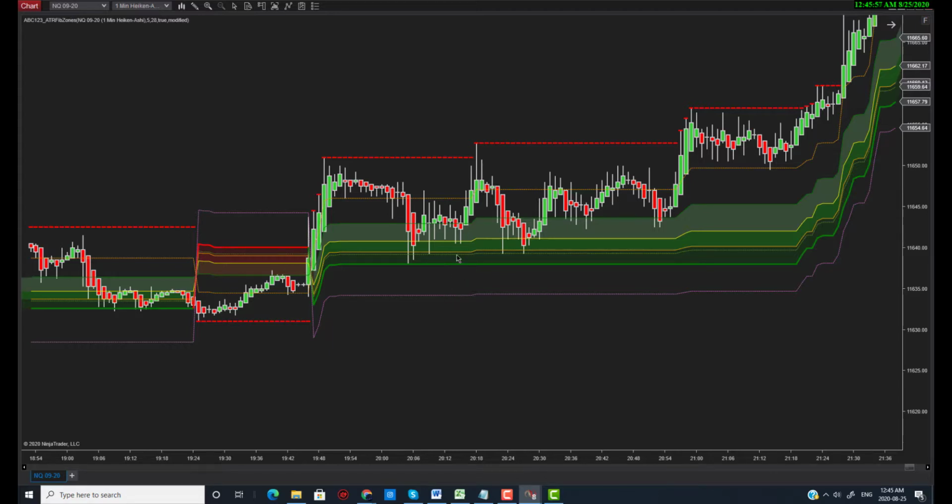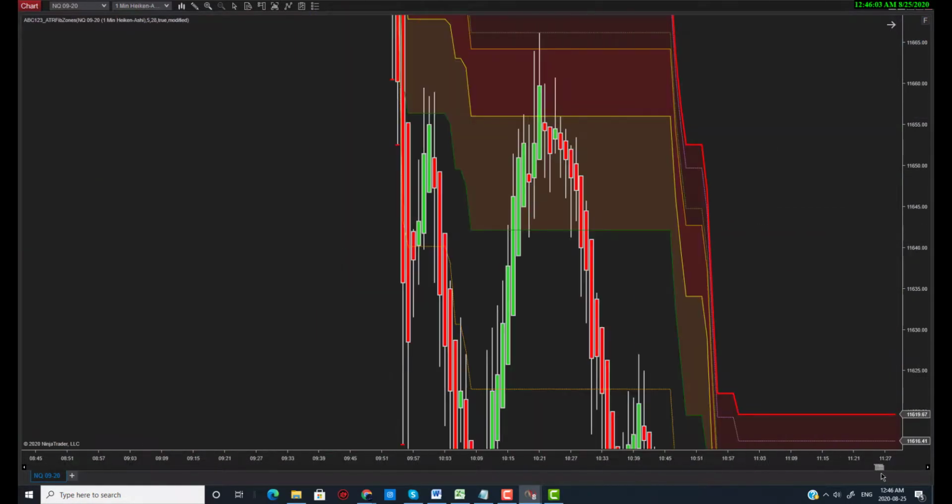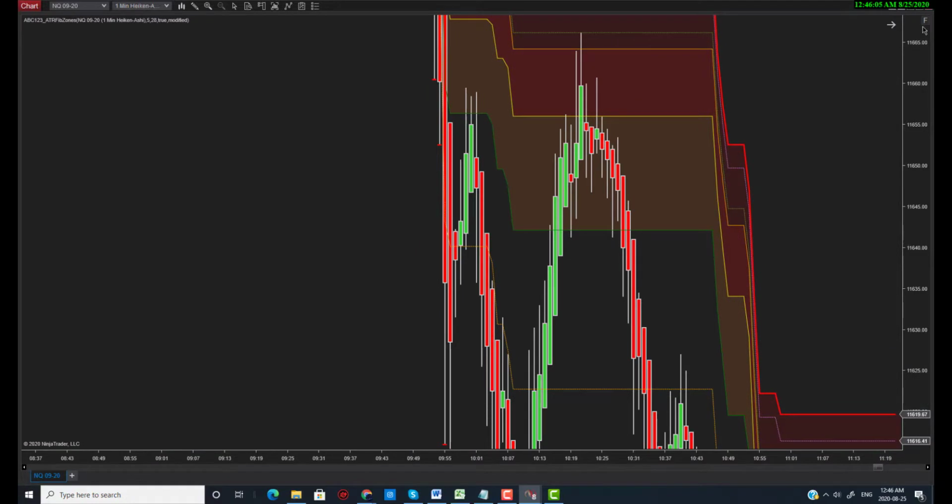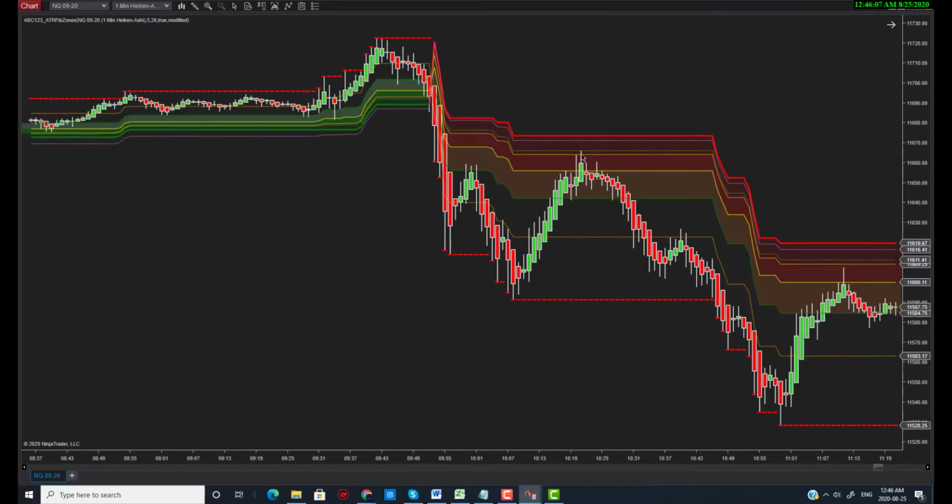I can adjust this accordingly, because during the day in the New York session, when you look at it at 9:30, the risk and reward is really tight because this is a larger range compared to pre-market. You can adjust it any way you like.